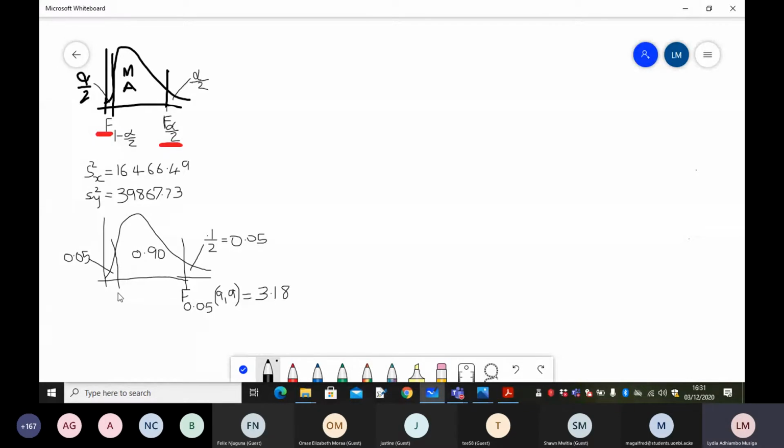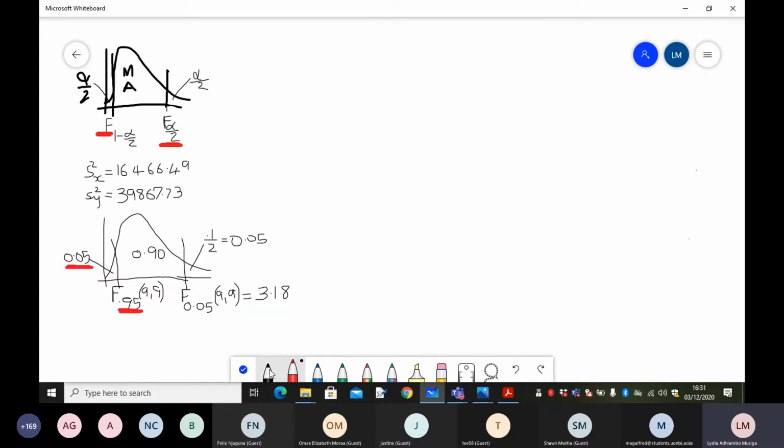And then how do we get F 0.95? Why am I saying that it is F 0.95 with 9, 9 degrees of freedom? Because 0.95 is equal to 1 minus 0.05, so the area to the right, if we subtract 0.05, is 0.95.